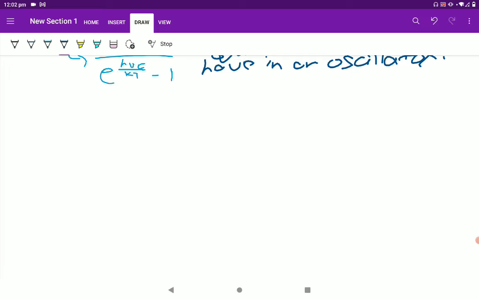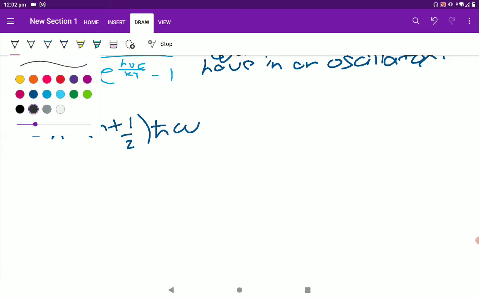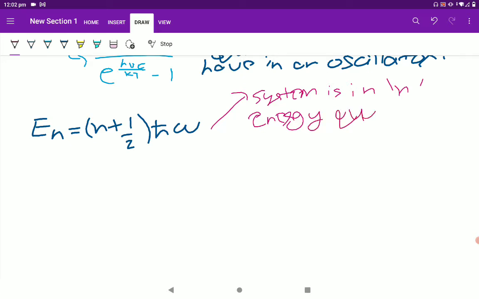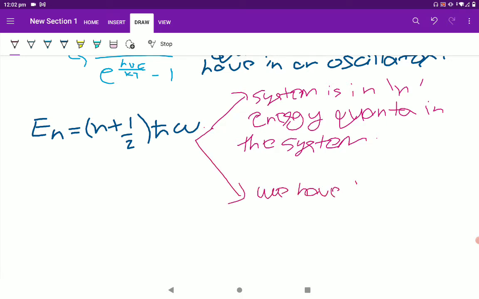We can say this expression in two ways. The first way is that the system is in n energy quanta, and the other way of saying it is that we have n energy quanta in the system.